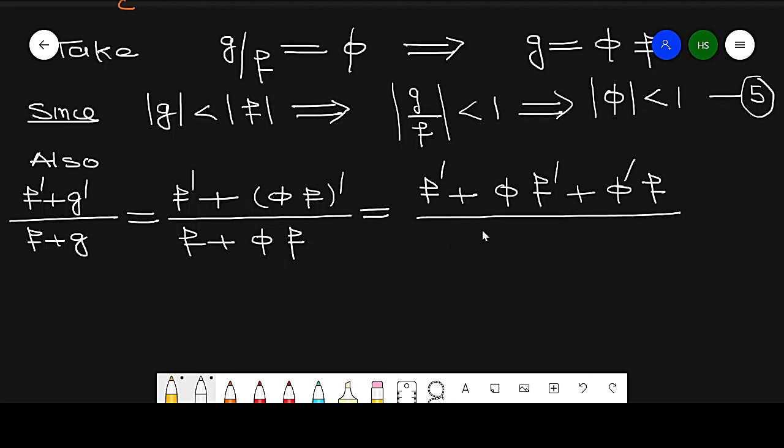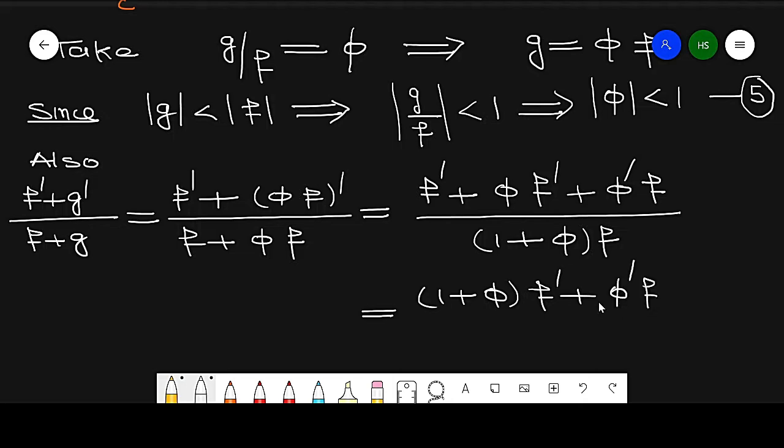If f is common, then 1 plus phi into f. So we get 1 plus phi into f dash plus phi dash into f over 1 plus phi into f. So just simplify this equation. So we get these values.